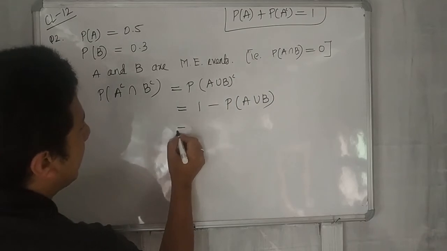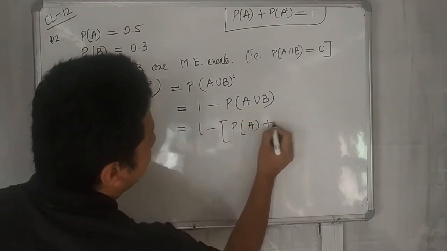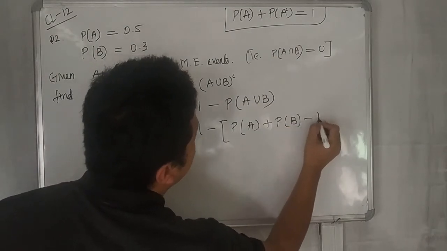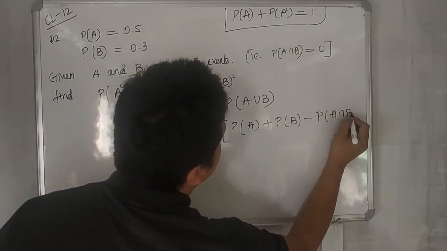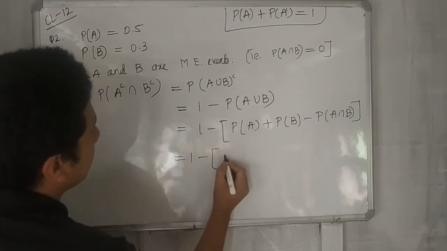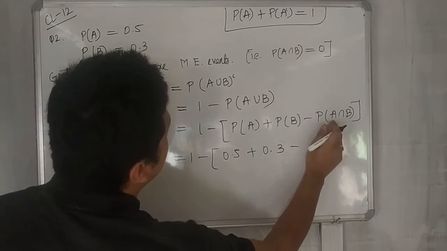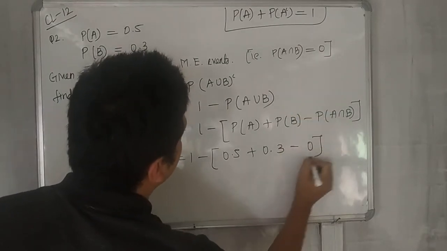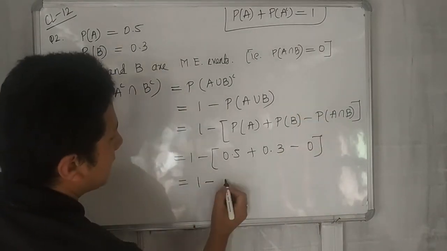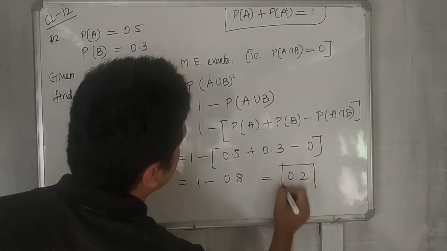And now we know the formula: P of A plus P of B minus P of A intersection B. So 1 minus P of A 0.5, P of B 0.3, intersection 0. So 1 minus 0.8, which is 0.2, is the answer.